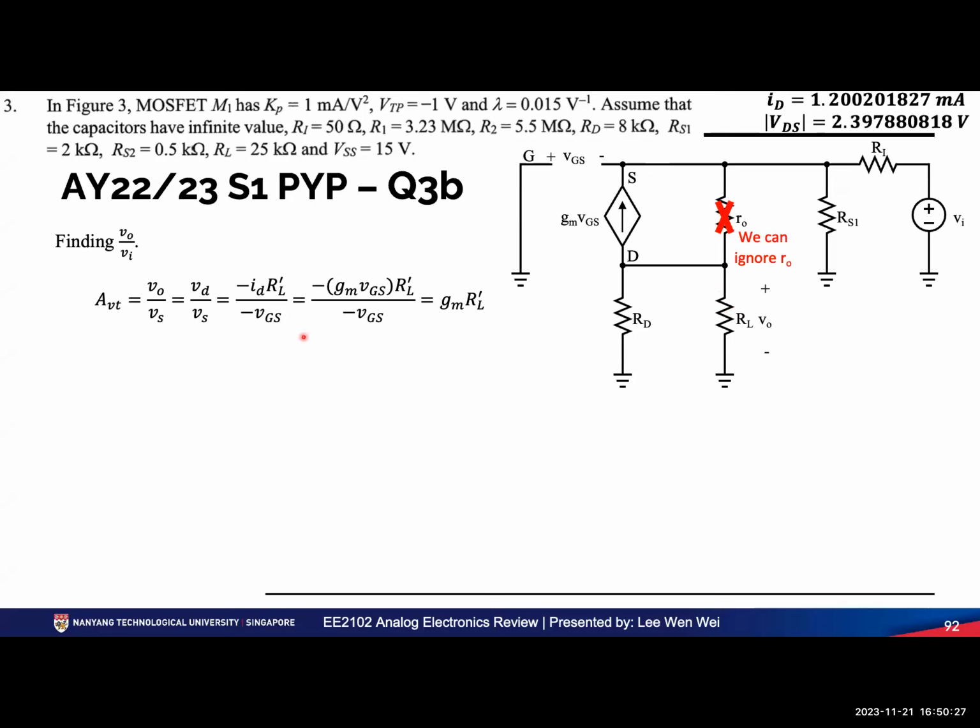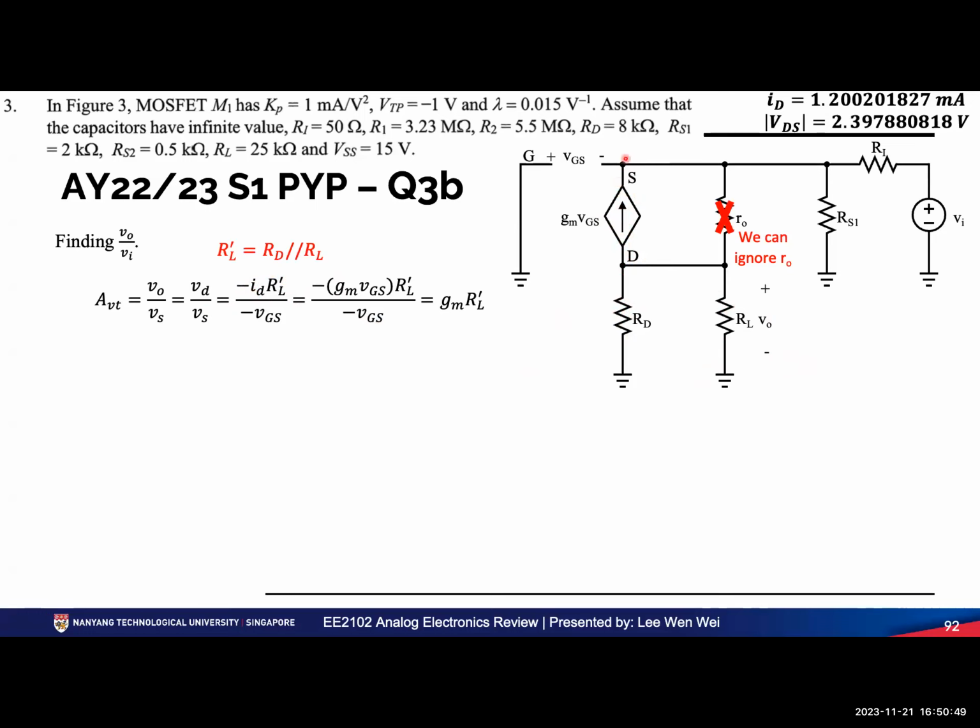Remember, in this case, the current ID is going out this way. Then this is RL prime, minus VGS times gm VGS, which is actually ID.